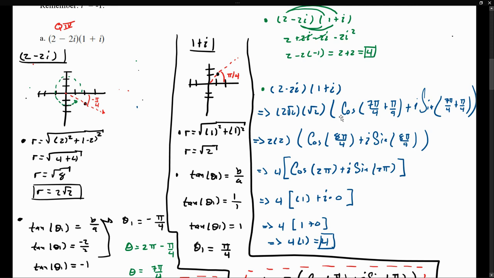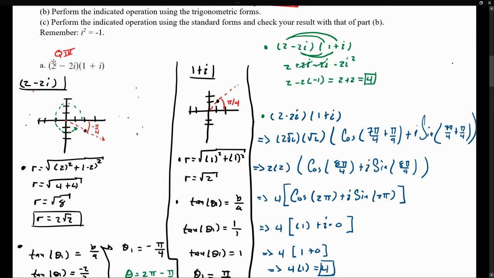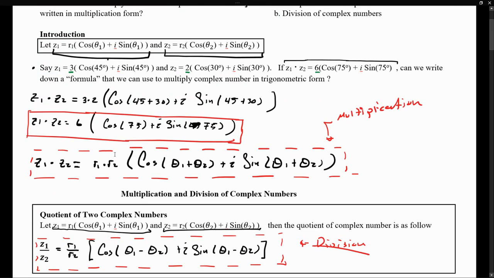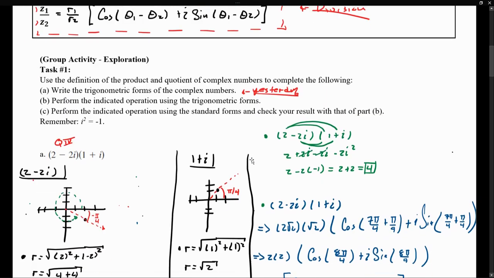So notice that our formula works out fine, because if I had just done the problem that we did previously, we would have seen that my result is just 4. And we have just shown that if I do the same problem but use the formula that we just discussed, I still get the same result.